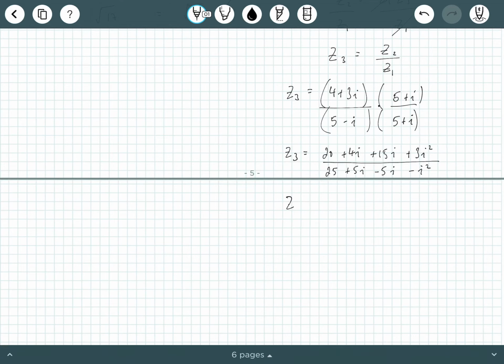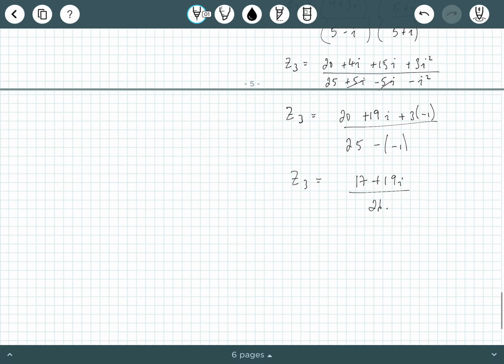Tidy up the top line, we're going to have 20 plus 19i plus 3 times minus 1, over 25, and minus i squared, which is minus 1, so it's plus 1. So Z3 is equal to 20 minus 3 is 17 plus 19i, divided by 26.